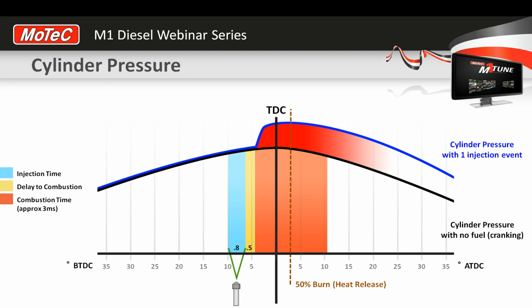Now, most of you will be doing your tuning on a dyno, so you will end up moving your injector timing around until you get peak torque, just the same as you would with a petrol engine. So initially, we move our injector timing around at low loads to get peak torque on the dyno, and that will, in fact, if you were to measure it with cylinder pressure analysis equipment, probably have that 50% burn point around the 10 degrees after top dead center point.